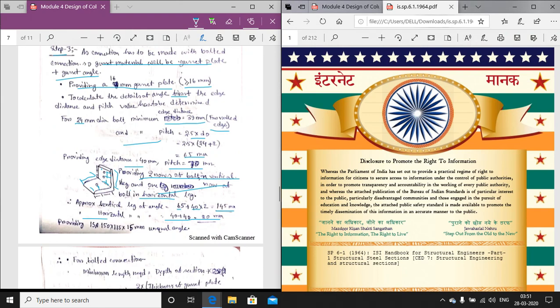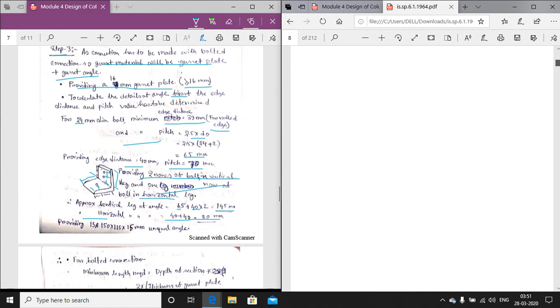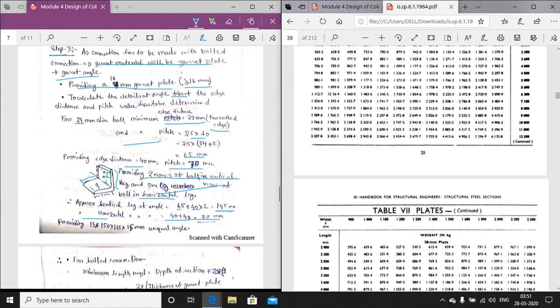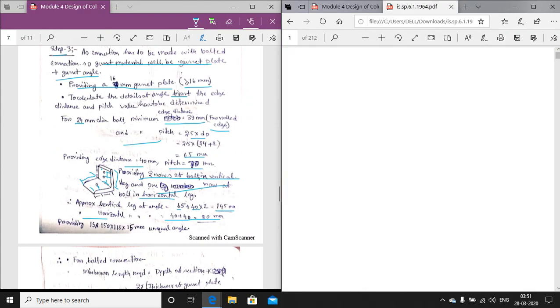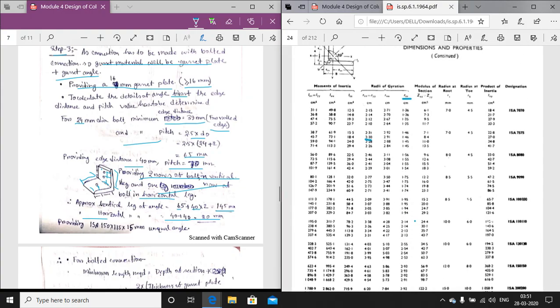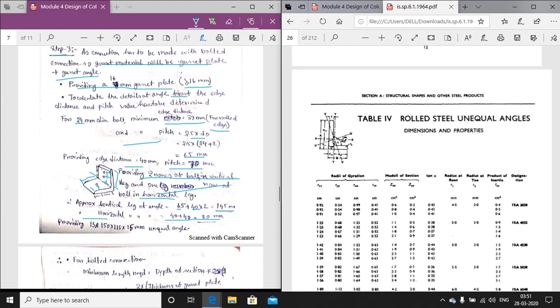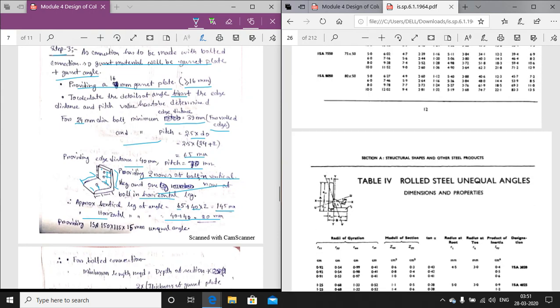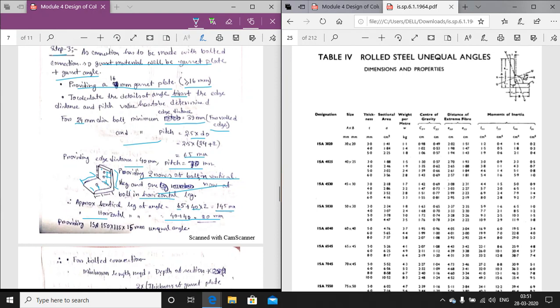So this is IS SP6 we are taking. If we follow IS SP6 for unequal angles, this is equal angle, this is unequal angle. So we have to see that this criteria and this criteria is fulfilled.